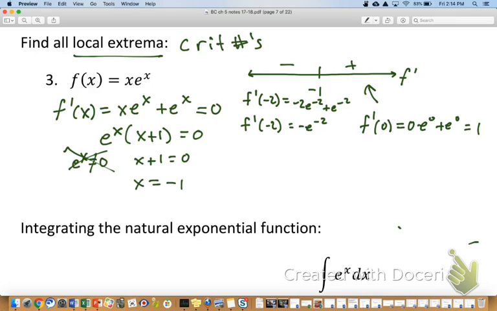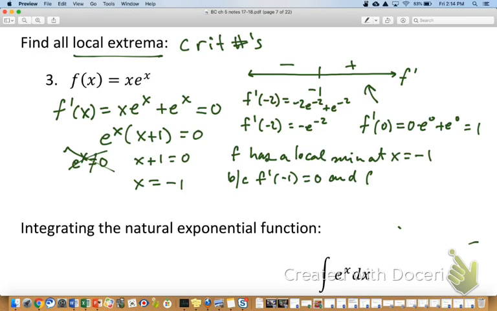In fact, specifically what kind? Minimum. So you could say f has a local min at x equals -1 because f prime of -1 equals 0, and f prime changes from negative to positive. There we go.